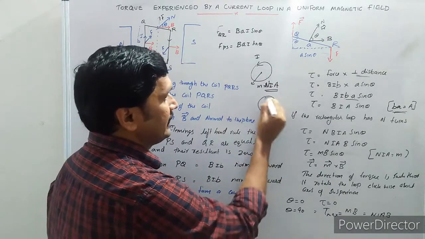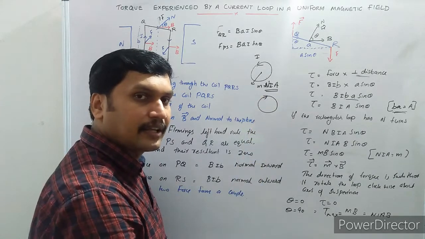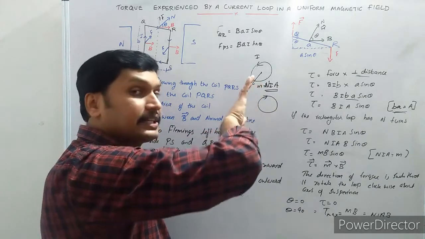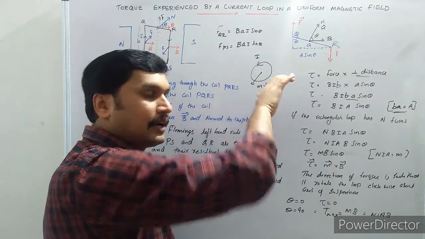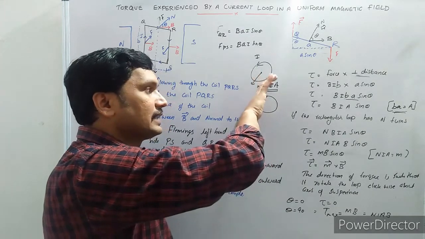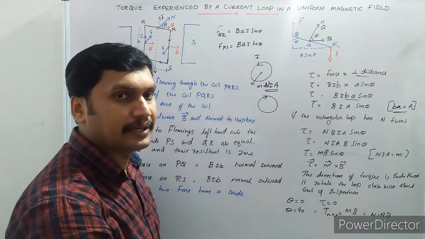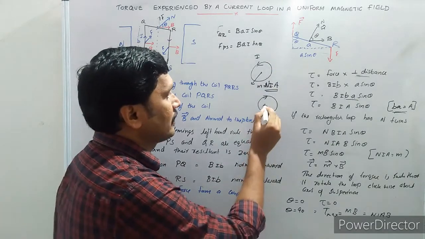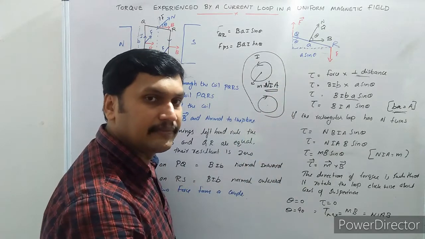Similarly, if the current is in clockwise direction, the magnetic moment is perpendicular to the plane and inward. We will discuss the concept of magnetic moment in detail in the chapter on magnetism.